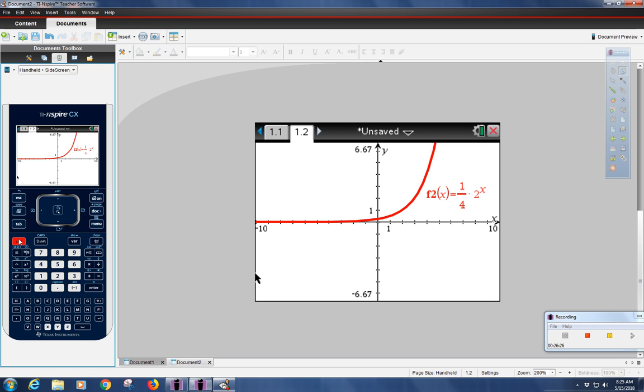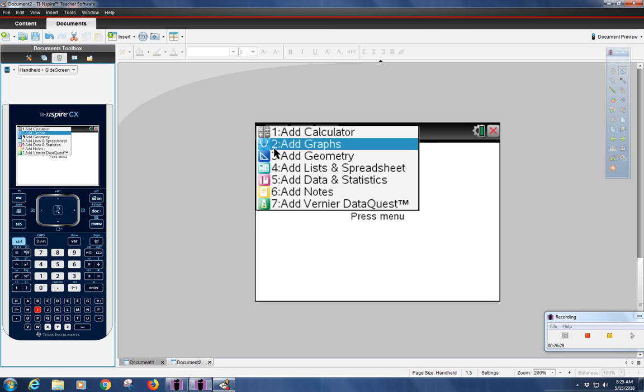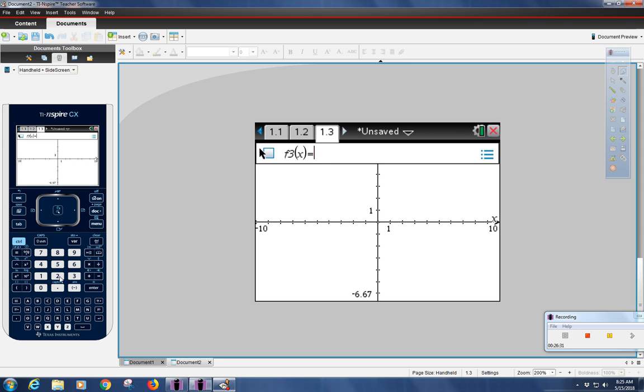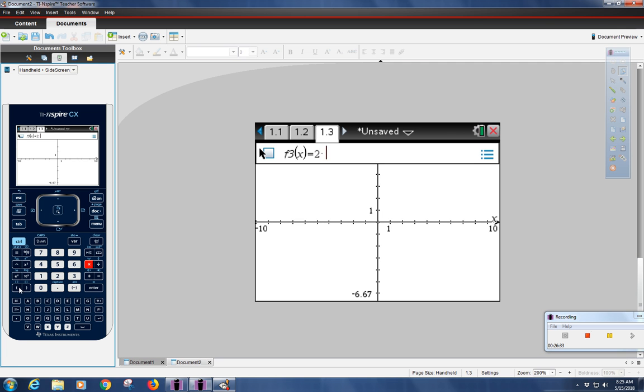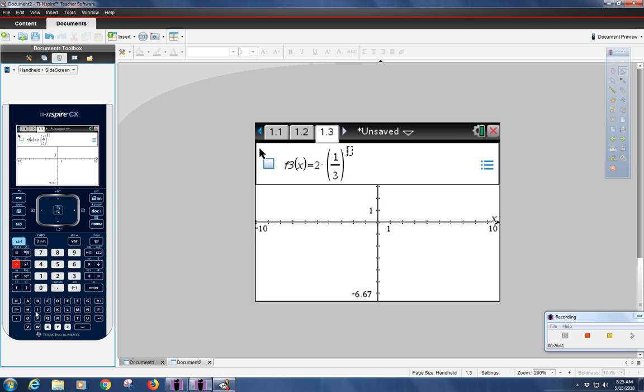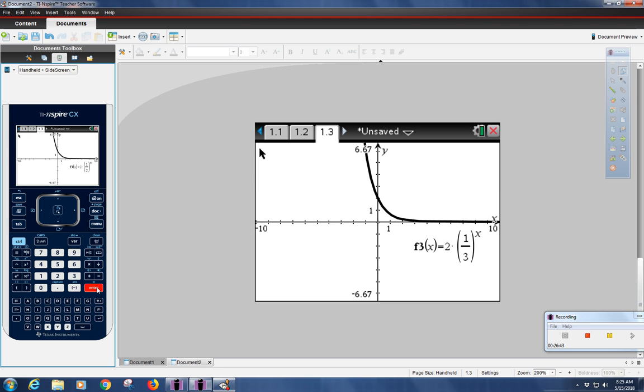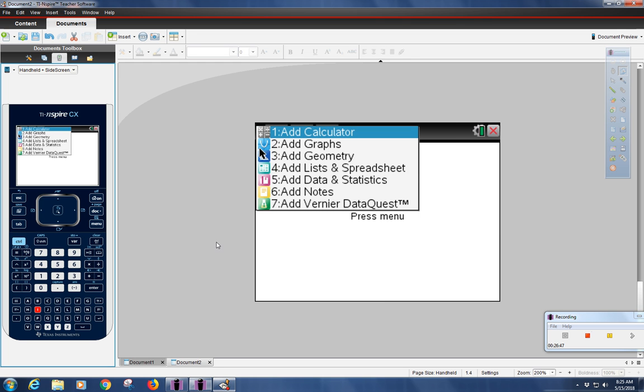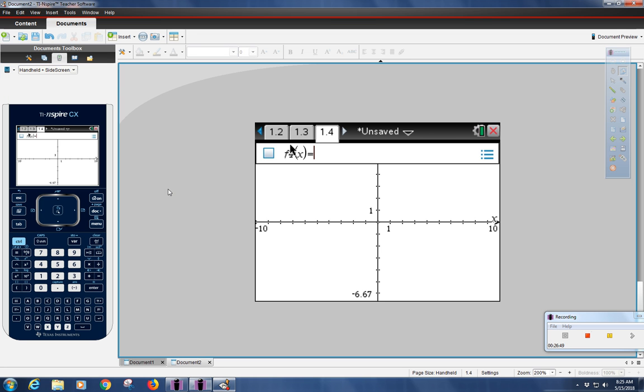Alright, let me add number 70. So let's take a look at number 70. For number 70, type it in 2 times, open parentheses, control divide, 1/3, close parentheses, to the x, hit enter. There's your graph for number 70, so don't miss that one. Alright, and then for 72, let's put that one in.